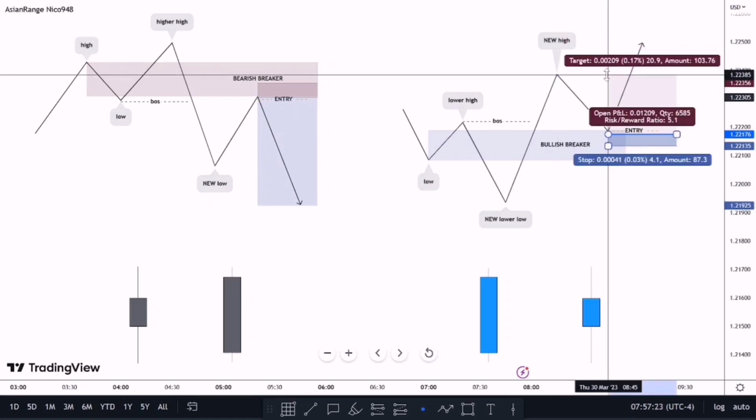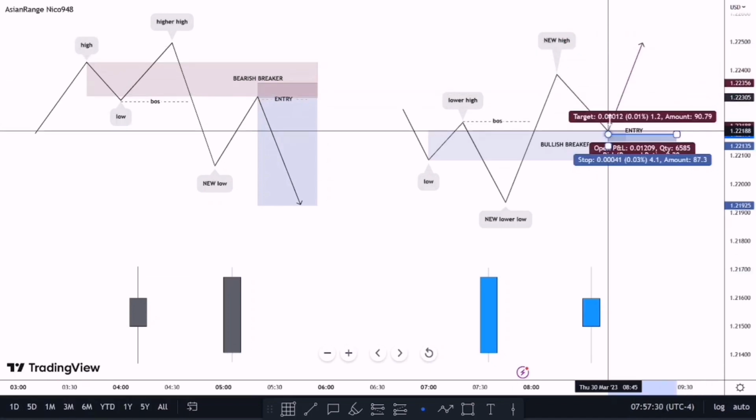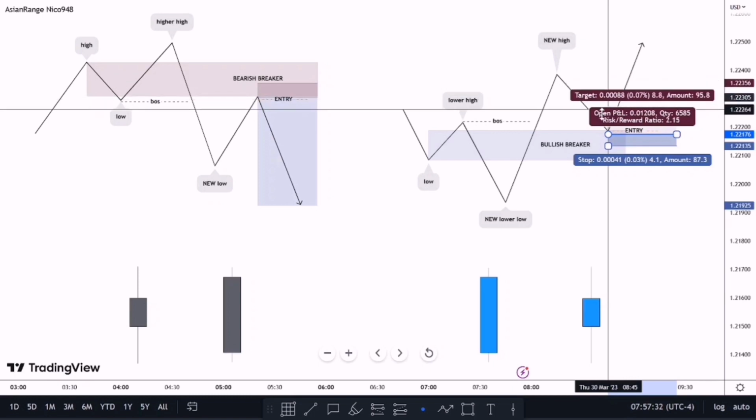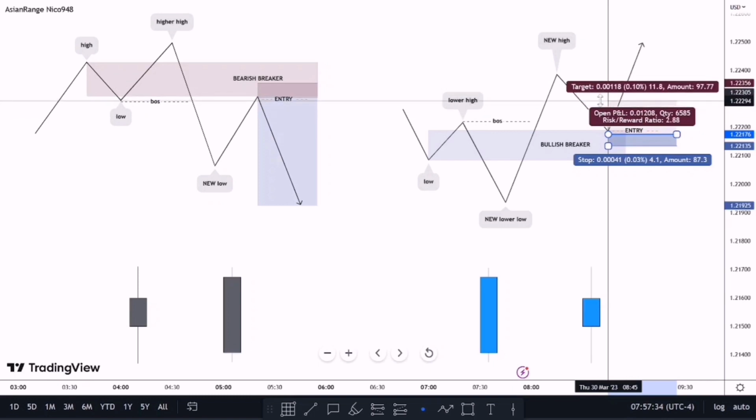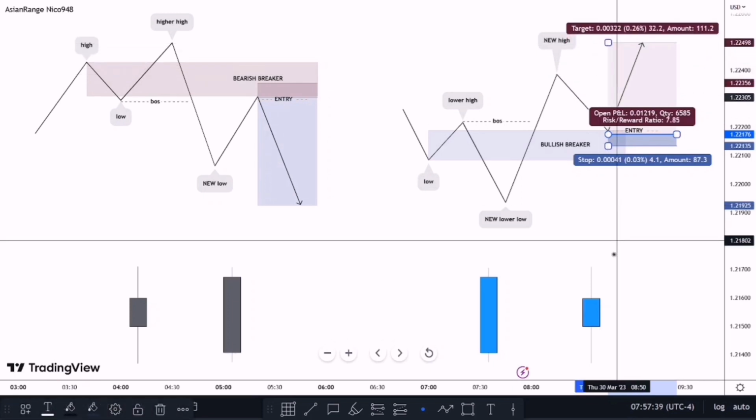So this will be TP2 and then TP3, right? TP1 will usually be the midpoint of this range. So let's say if your stop loss is 20 pips, you target 20 pips as TP1, TP2 40 pips, and 60 pips, and they're off.